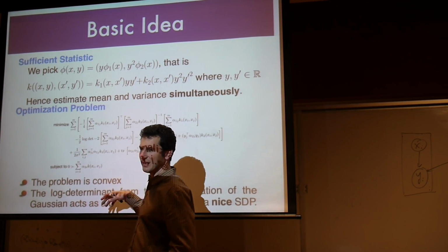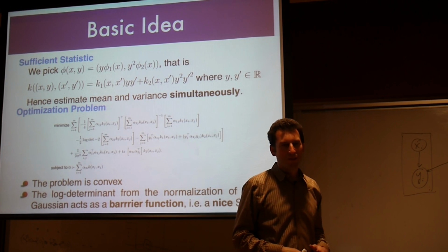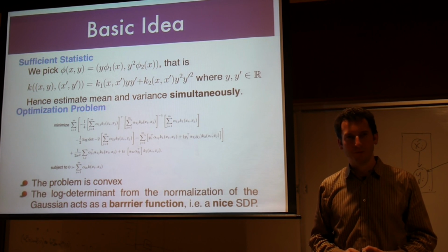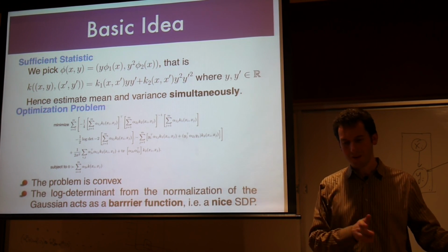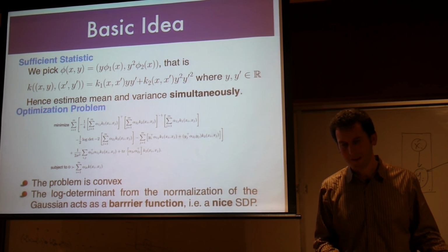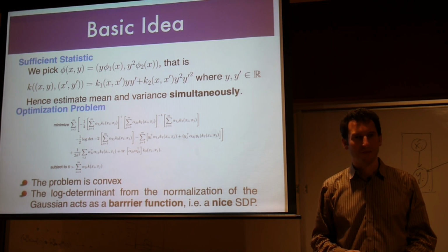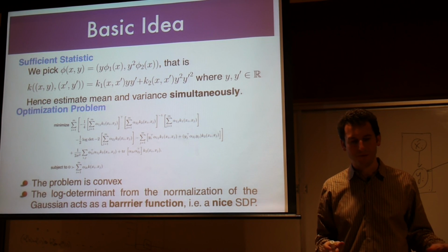The way you fix it is by adding a constant offset to your covariance function. So it's not so terrible. And the log determinant is what in optimization speak is called a log barrier in this case. That ensures that we never pick a negative variance, so we always stay nice and feasible.